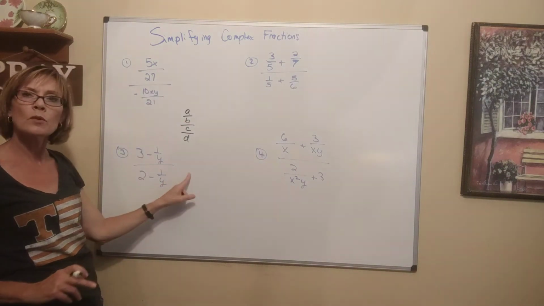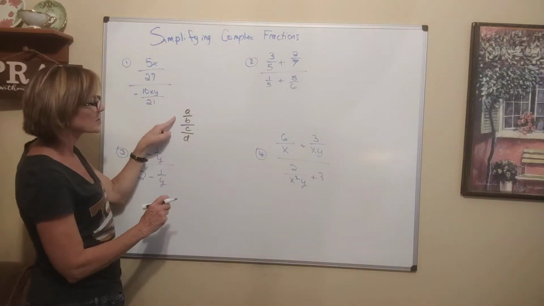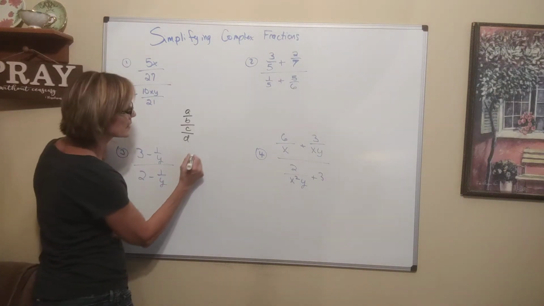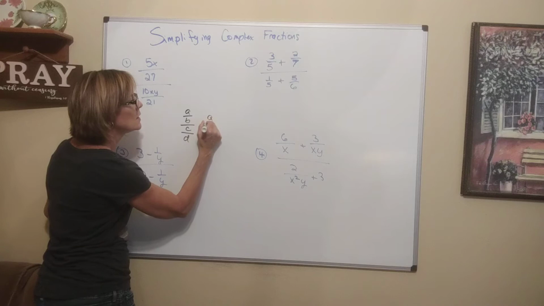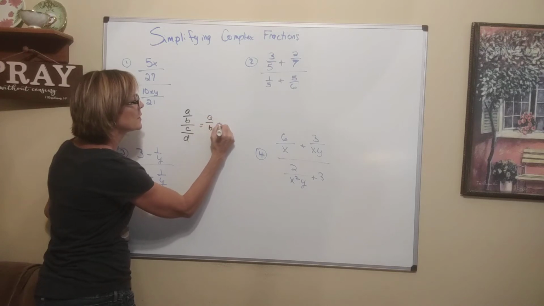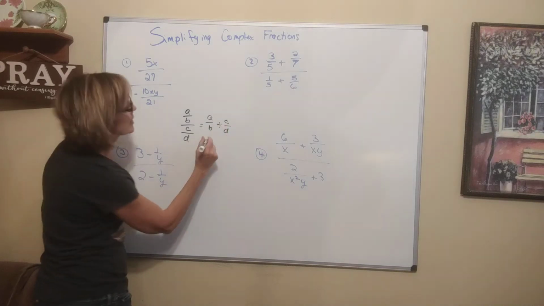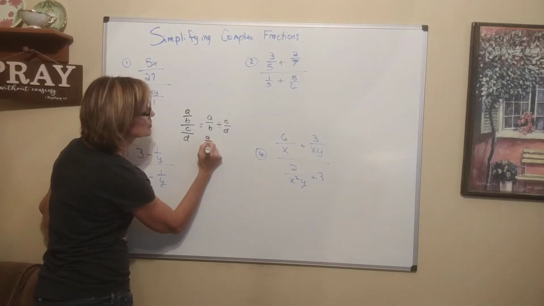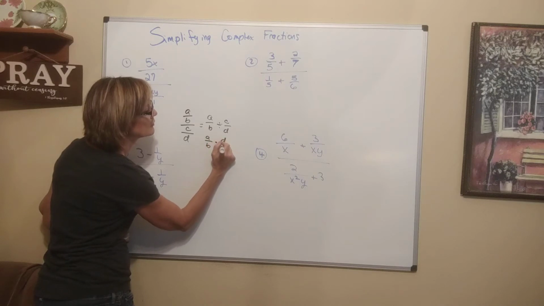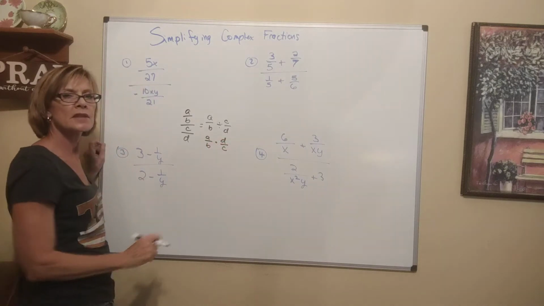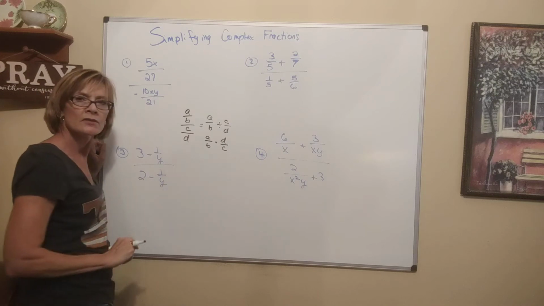If you're presented with one like this, it is a fraction divided by a fraction. If I wrote that in a different way, this is equal to a fraction divided by another fraction. Well, if you have a fraction divided by a fraction, you keep, change the operation to multiplication, and flip. Take the reciprocal of the second, and then you're just multiplying fractions.